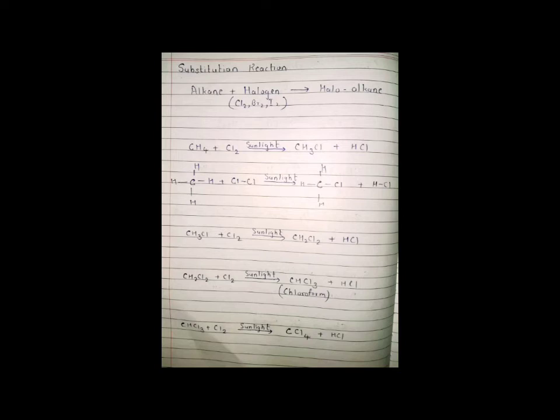In day-to-day life, this trichloromethane is also called chloroform. When this chloroform CHCl3 is again reacted with chlorine in the presence of sunlight or UV light, one more hydrogen atom is substituted by a chlorine atom and CCl4, that is tetrachloromethane, is formed.